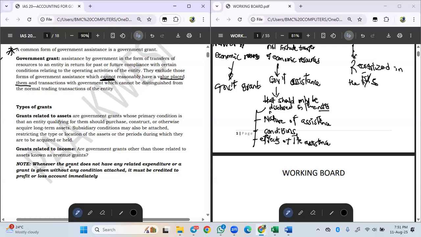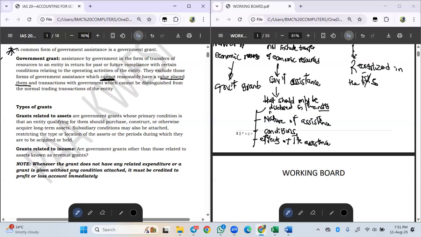We are saying that whenever the grants given by the government do not have any related expenditure, or a grant is given without any condition attached, it must be credited to the profit or loss immediately.